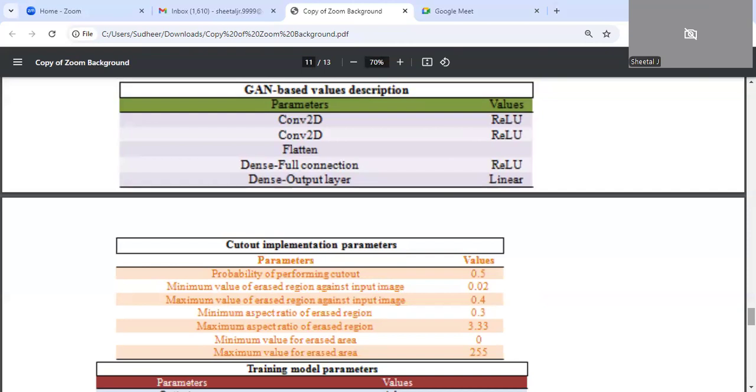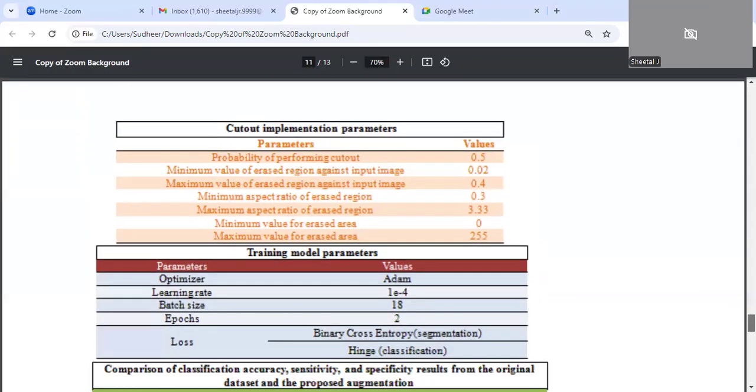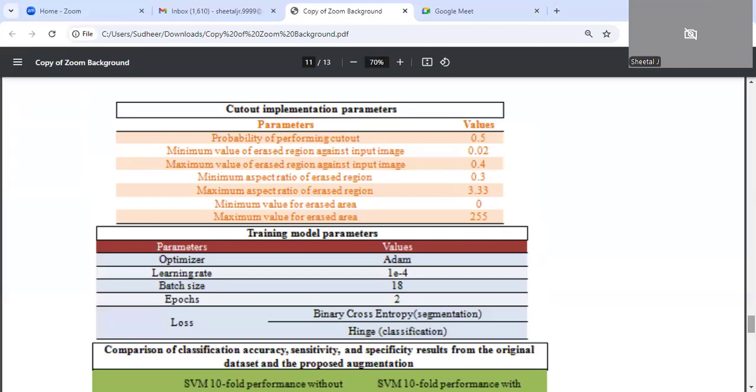Then the aspect ratio for the erased region has a minimum value of 0.3 and a maximum value of 3.33. Then for the erased area value, the minimum is 0 and the maximum is 255. That means the entire image will be taken to find the lesion and non-lesion parts, in order to check whether it is able to extract the lesion part or not.